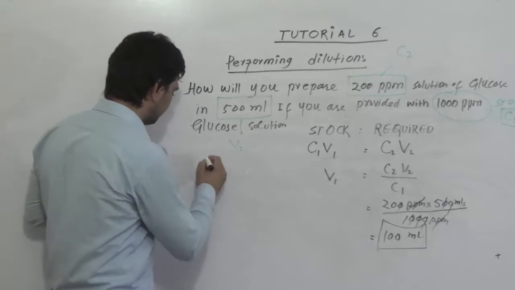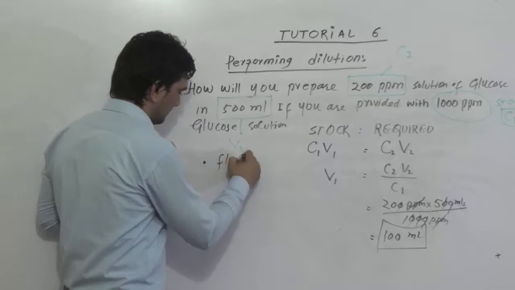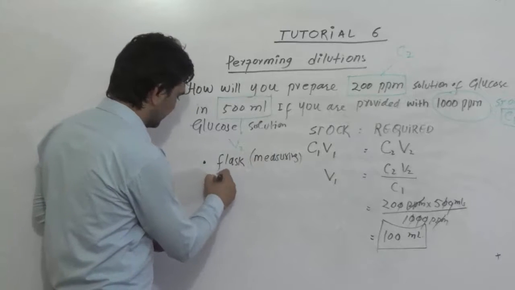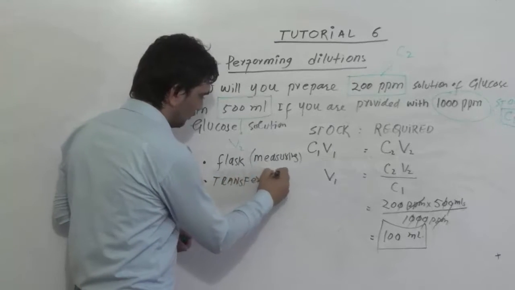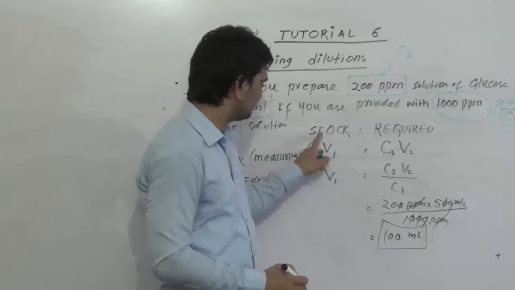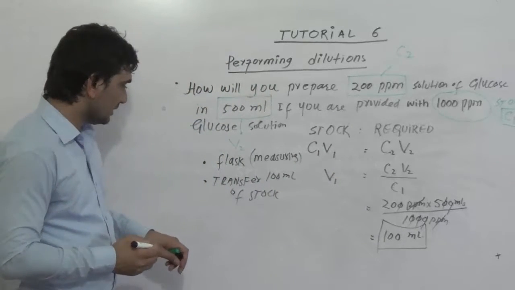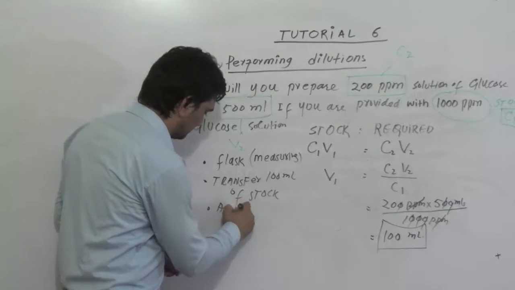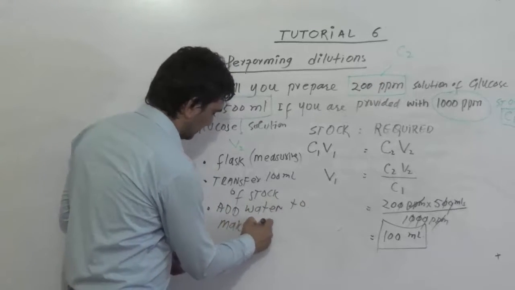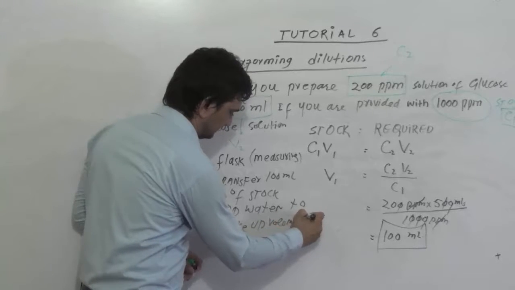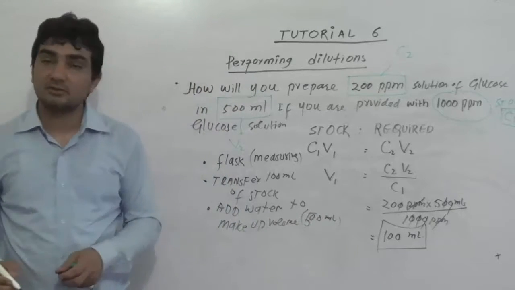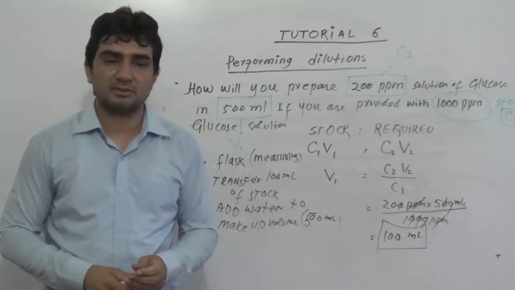So we will take a flask, which is a measuring flask actually, and we will transfer 100 ml of this stock solution in this very flask, and then we will add water to make up the total volume of the solution up to the desired volume, which is actually 500 ml. So this is how the solution will be made actually.